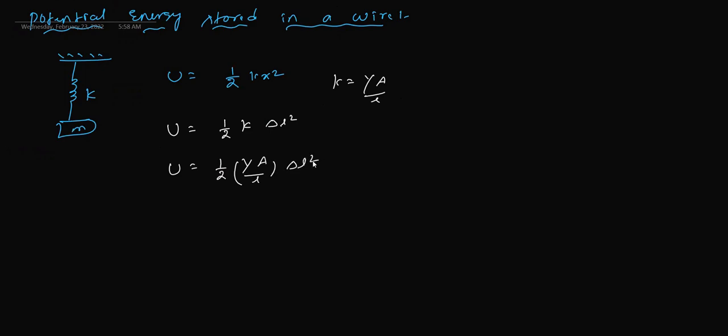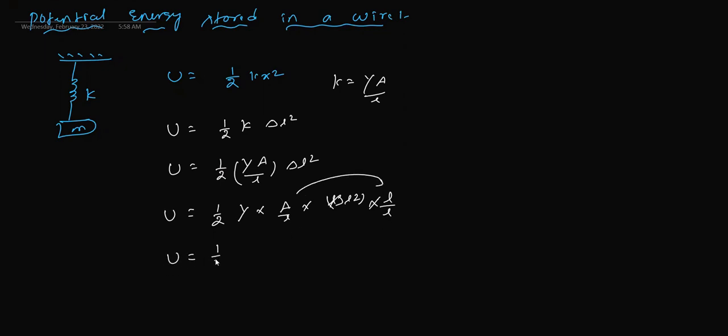So U equals half into Young's modulus into A by L into delta L square, and I'm multiplying and dividing with L. If you multiply and divide with L, area into length will become volume, and L into L will become L square.